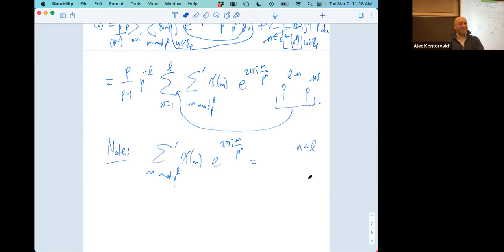We did a version of this computation. I think we did this computation. But when they're equal, yes, when n is equal to L, this is literally the Gauss sum, tau of chi.